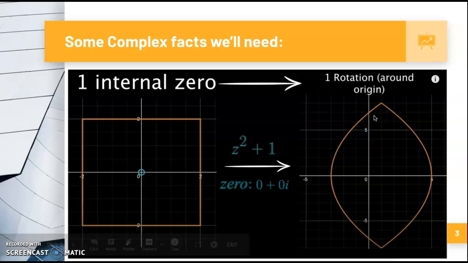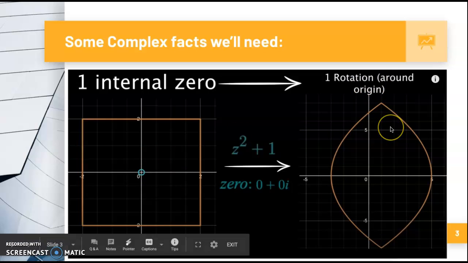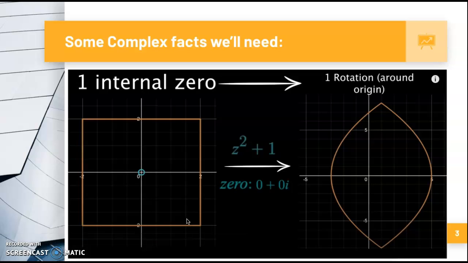So if there is 1 zero in the input function, it's going to go around once. If there are 2 zeros in the input function, it's going to rotate twice in the amount of time this function, the input function, goes around once. So there is a connection between the location of zeros in the input and the actions of the output.